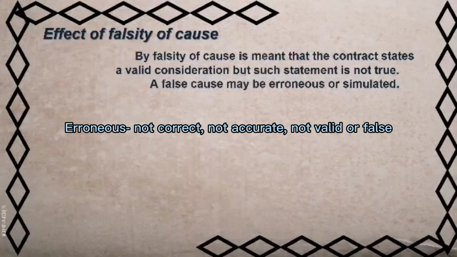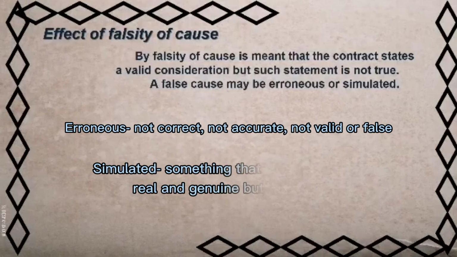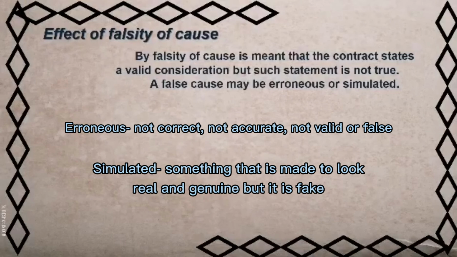Pag sinabi namang simulated, it is something that is made to look real or genuine but it is actually fake. So dito sa effect of falsity of cause, if the cause is false or absolutely simulated, the contract is void. But if it is proven that the parties have intended another contract which is the true cause, then the parties are bound by their true agreement.